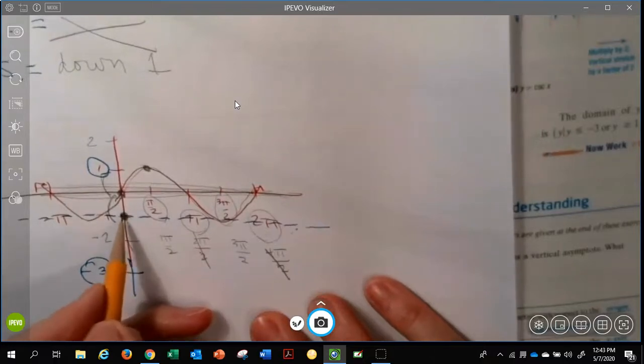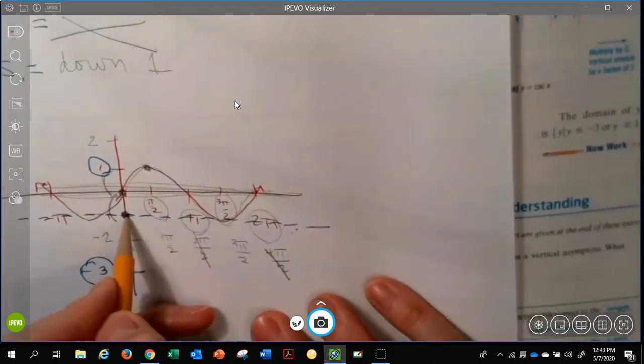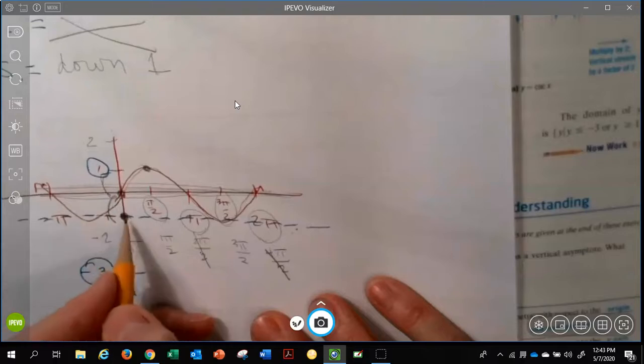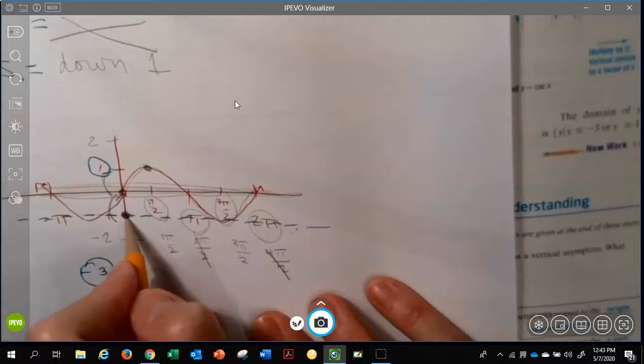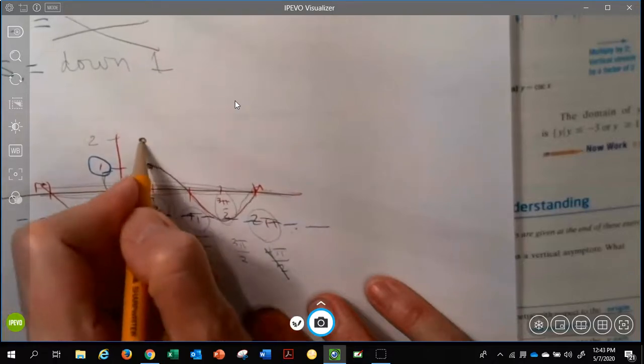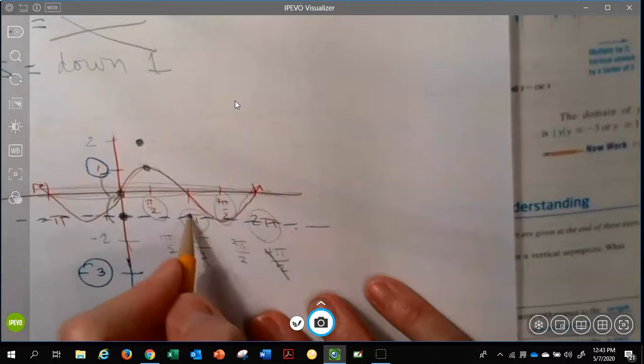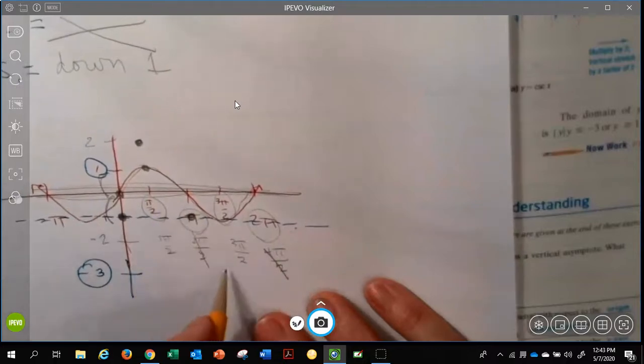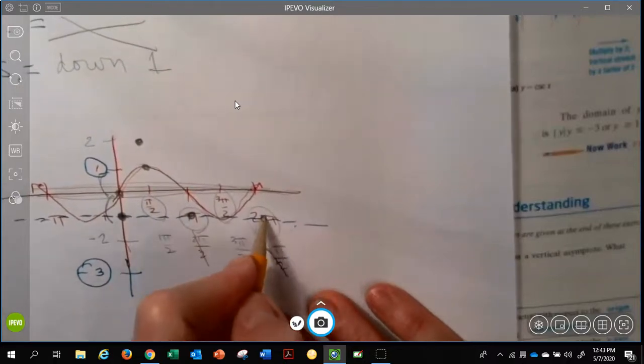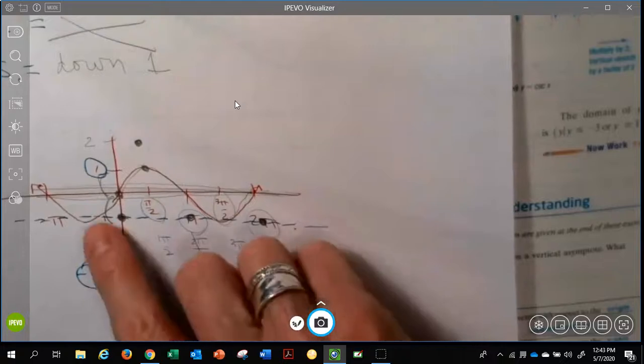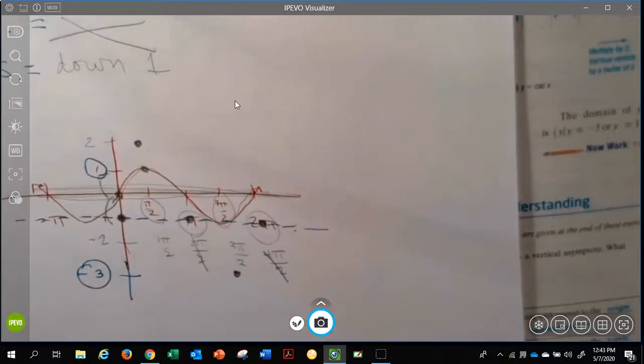I'm going to go ahead and fill these in. For my new sine, I'm going to be going down here at 0. The highest point is going to be up at 2. I'll come back down here at 0, my lowest point here, and then back to 0 here. That's not really 0. It's my old 0, which got shifted down, which is now at -1.